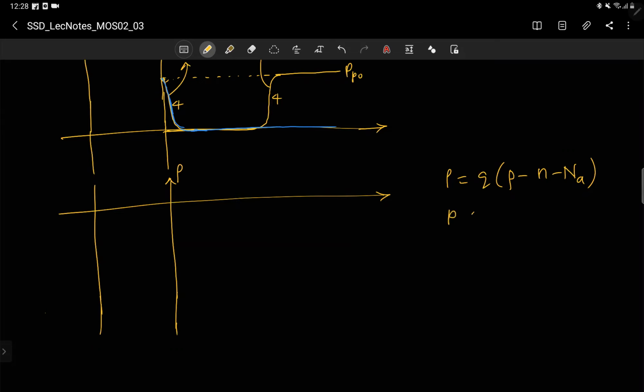So p is much less than n plus Na, which implies rho is equal to q times minus (n plus Na). When n is much smaller than Na, rho is almost equal to minus qNa. This depletion of holes corresponds to Na minus charge.